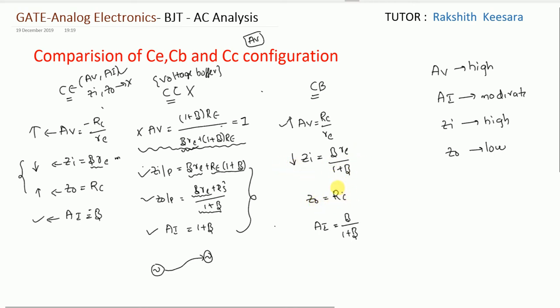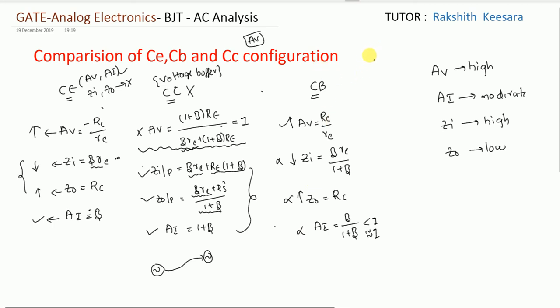If you check output impedance, it is RC, it will be in some kilo ohm. So this is high. These two conditions are also not satisfied. If you check current gain, it is beta by 1 plus beta. It is less than 1. If we neglect 1, it is nearly equal to 1. So it is not providing the current gain.